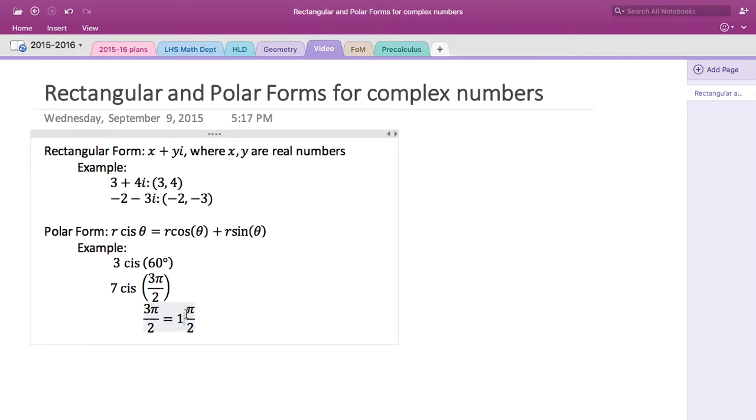And we know that 1 pi is 180 degrees, divided by 2, so 540 divided by 2, 3 times. So that is 540 divided by 2. It should be 270 degrees.